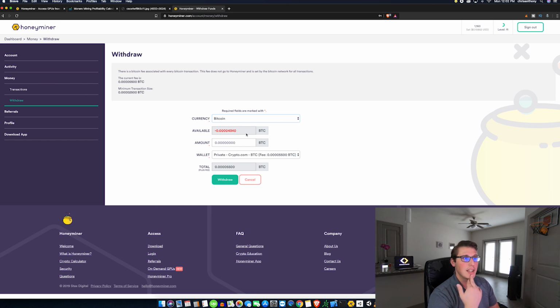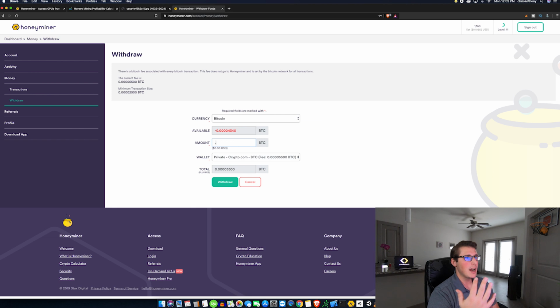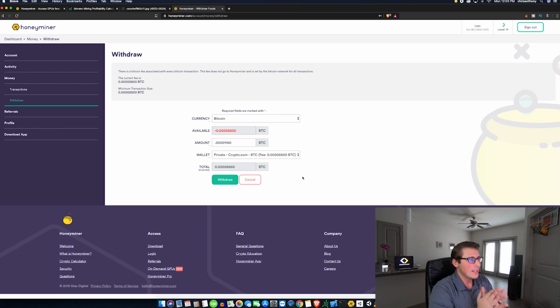So I just think it's really great. Of course, there is a little bit of a fee. It averages out to about 50 cents US dollars, which isn't extremely high, but considering that you can withdraw such a small amount, I'm totally fine with that fee. So other than that, I think this is an extremely valuable software.